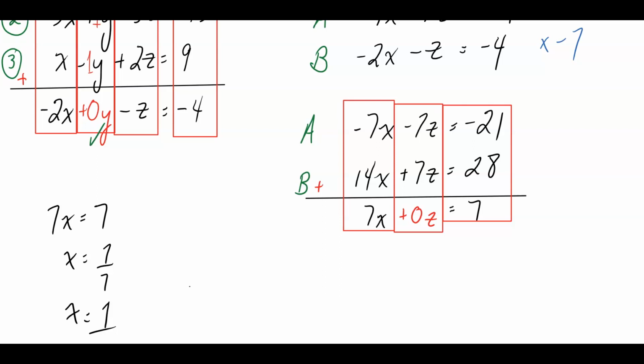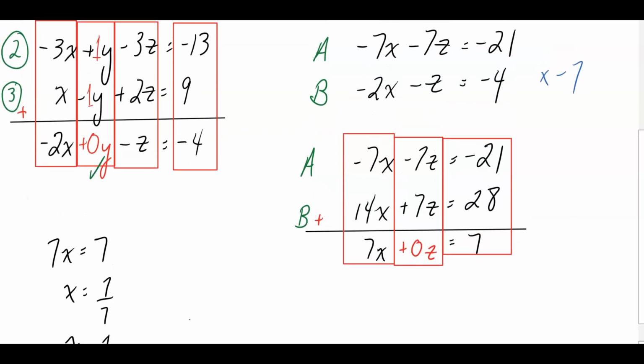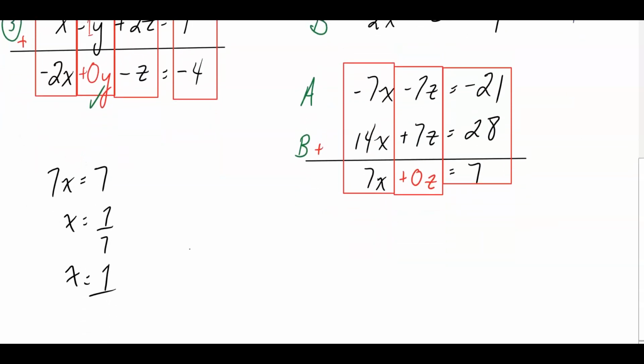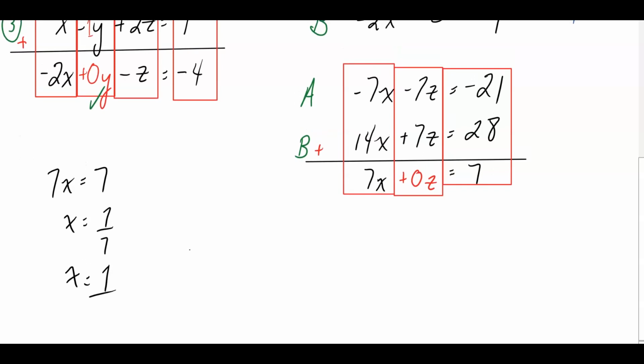We know that the value of x that works in each of these equations is 1. Okay? So now we just have to sub this x equals 1 into any of our equations that have only two variables, like this one, or the two above.